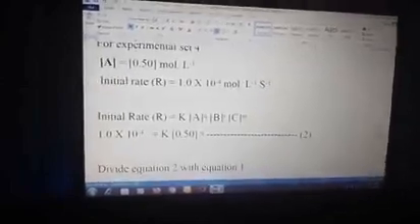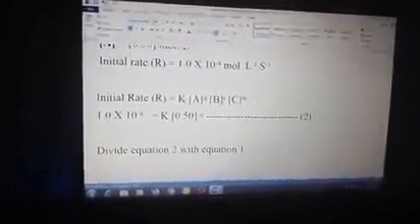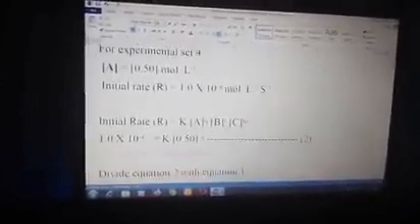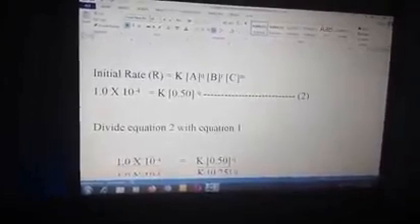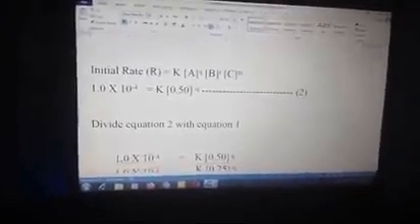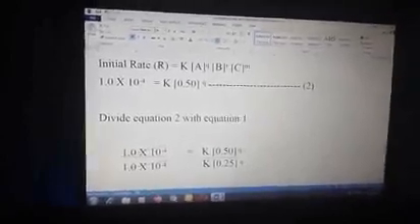We'll now make a substitution again. Replace rate with 1.0 times 10 power minus 4, and the concentration of A is 0.50 raised to power Q. B and C were ignored because they also had constant concentrations in experiment 4. So having obtained equations 1 and 2, we divide equation 2 by 1 as we used to do.